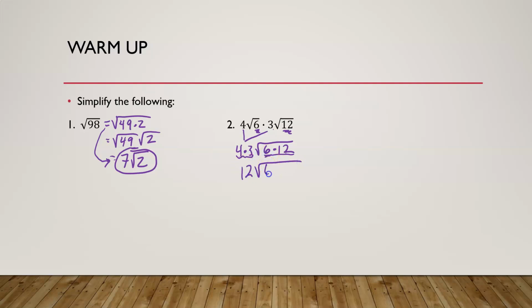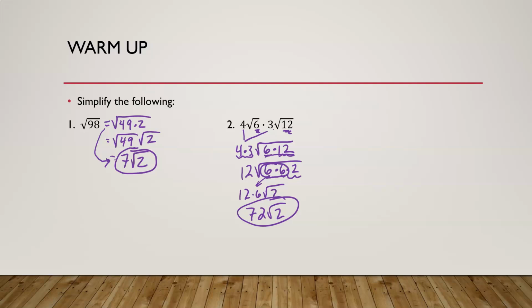The 6 I just put under the radical, but I know that 12 is 6 times 2. So I change it to that because we also learned yesterday that if you ever have two of the same number multiplied by each other under a square root, that's going to come outside. So we have 12 times 6 root 2, and 12 times 6 is 72. So you should have had 72 root 2.